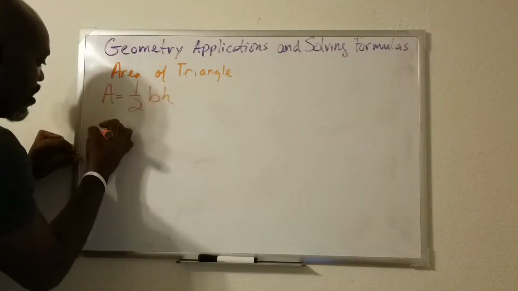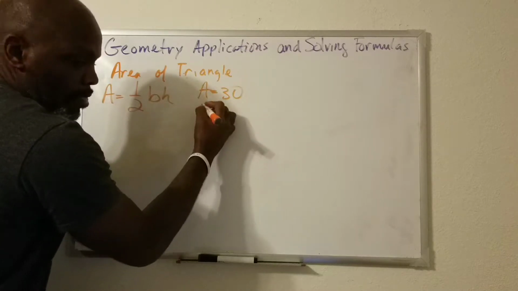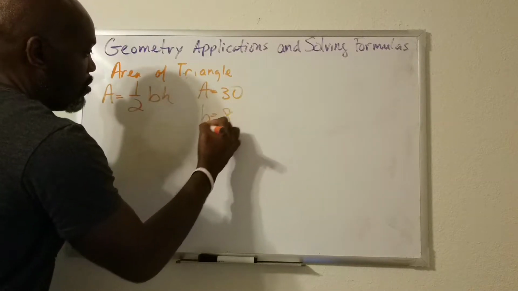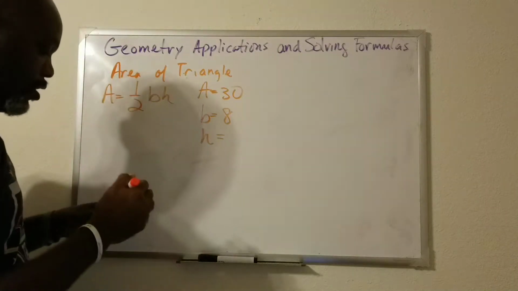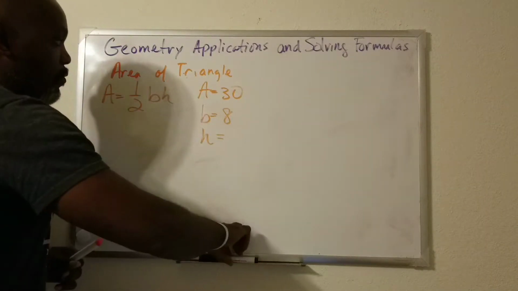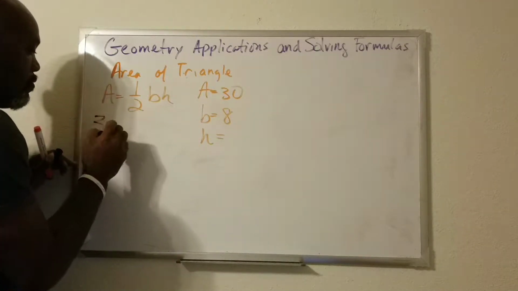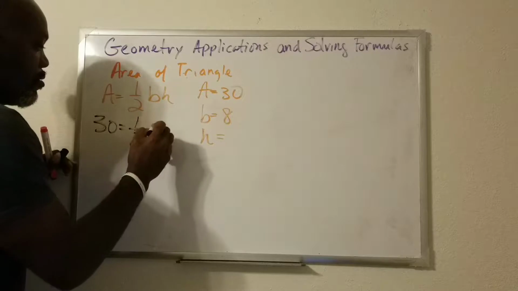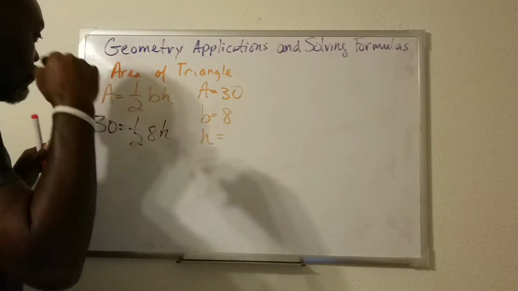If I say that the area is 30 and the base is 8, and I ask you what is the height, what would you do? Hopefully all you would do is write down the formula, plug in the information that is given, and then solve for the variable.